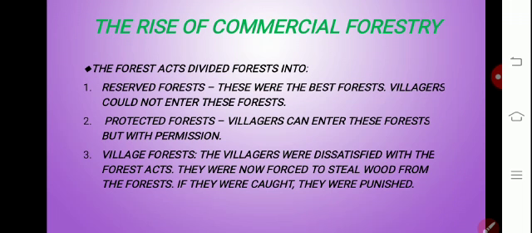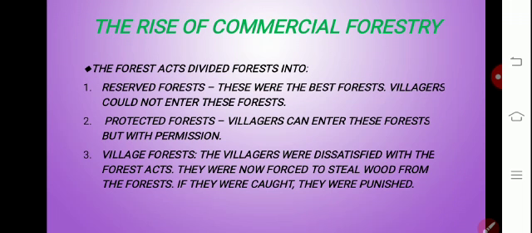Reserve forest, the best forests, which were completely under the control of the British, and forest people were not at all allowed to enter those reserve forests. Protected forest, they were also good. Villagers could enter, but with permission. Without permission, they could not enter those forests either.